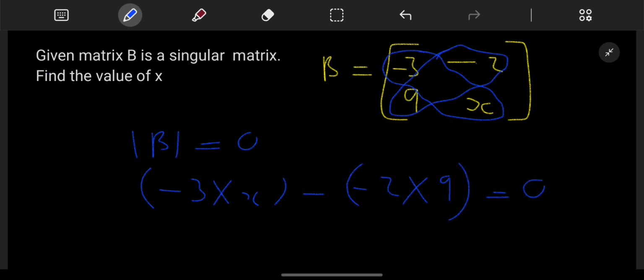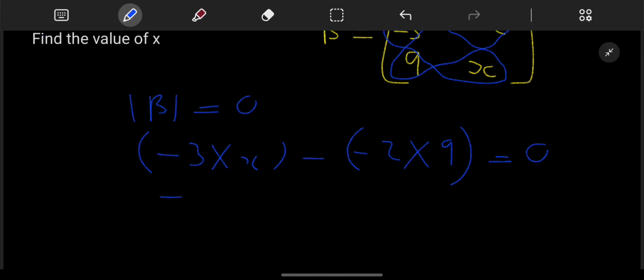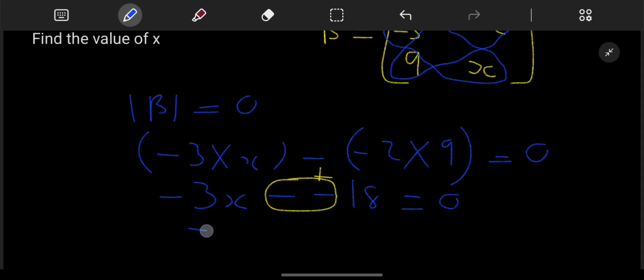Now we just simplify. Minus 3 times x, we get minus 3x. Minus 2 times 9, we get a negative 18, is equal to 0. And here we have a minus and a minus, so that changes to plus. So it's going to be minus 3x plus 18 is equal to 0.